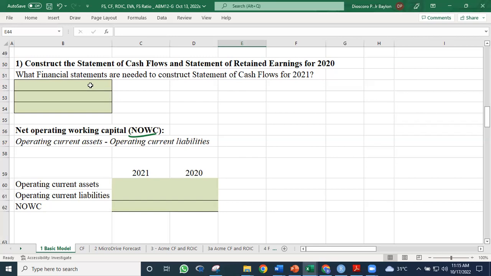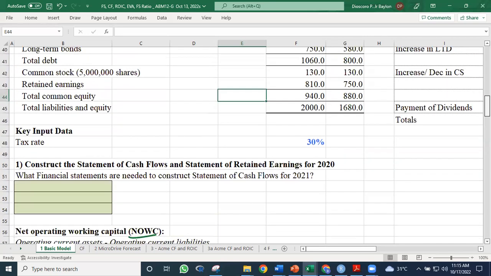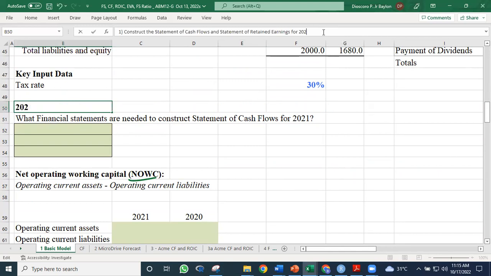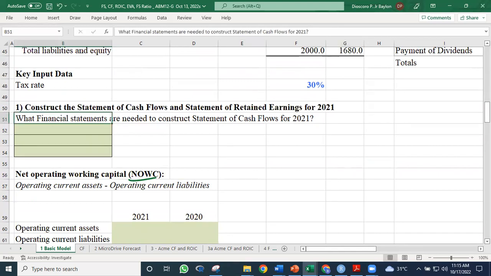If we have those three financial statements, then we will be able to construct our statement of cash flows. We haven't constructed the statement of retained earnings for 2021, so we'll do that in the coming days.